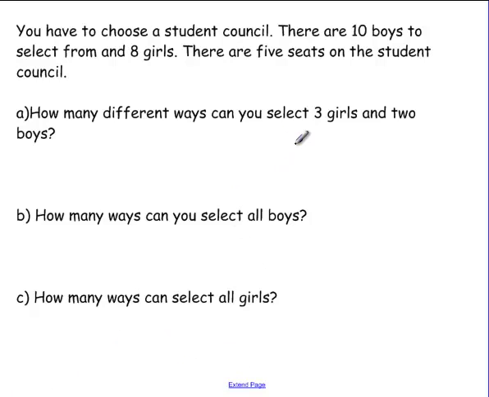So I need to select 3 girls. I'm comboing it, and there are 8 girls to choose from, and I need to choose 3. And I'm going to come back to that in 1 second. 2 boys. Well, there are 2 boys, and I'm choosing from 10. Now, if you remember, and in probability means to multiply.